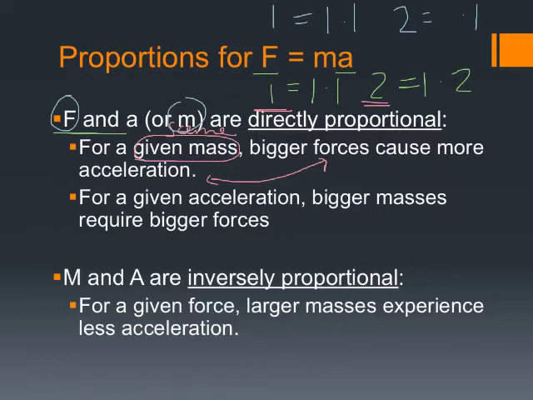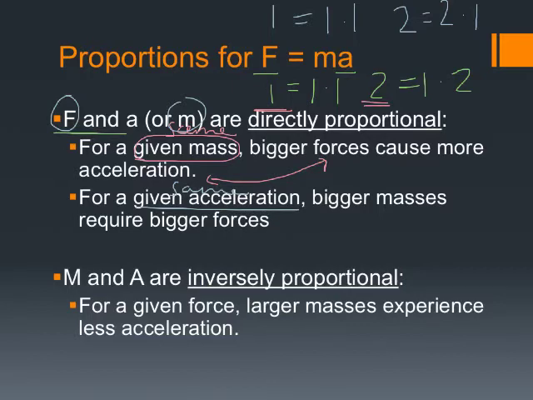What number would I have to plug in for m to make that true? A 2. All right? So same thing here. For a given acceleration, so acceleration stays the same, bigger masses require bigger forces. All right? This should kind of make sense anyway.